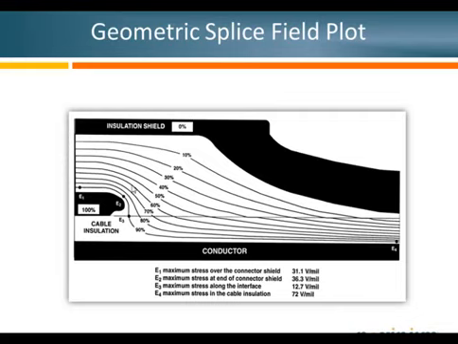So here with the joint, when you take those equal potential lines into the joint insulation, at the electrode, which is a semiconductive element in the middle of the splice, which creates a Faraday cage, the Faraday cage means that this electrode is the same potential as your conductor.